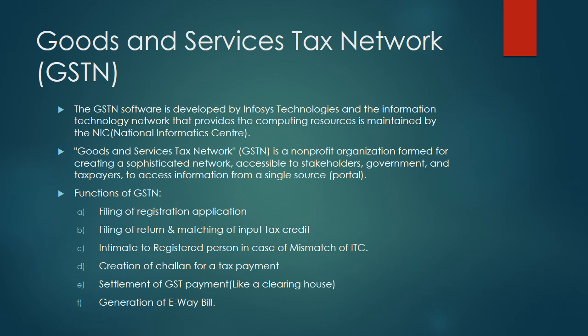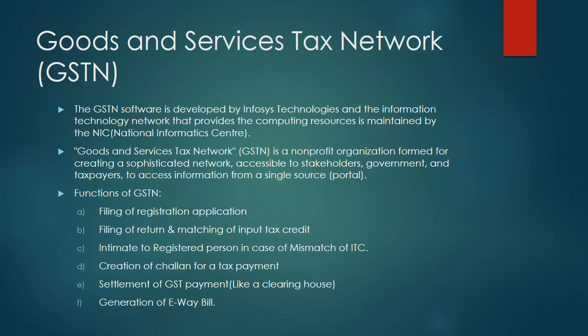Like we have illustrated over here a few of the functions, which is filing of registration application, filing of return, and matching of input tax credit is also available there. Intimate to the registered person in case of mismatch of input tax credit.